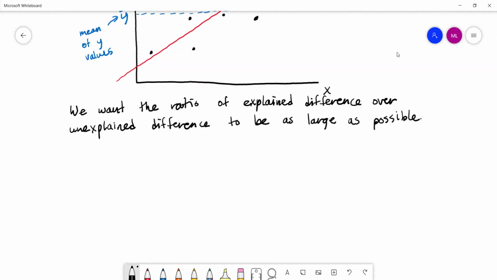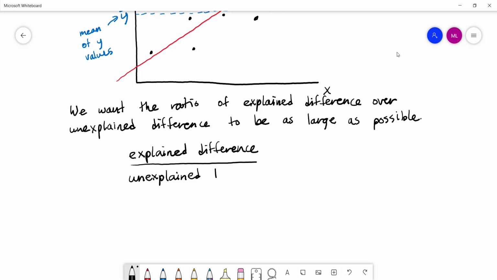So the ratio that I just mentioned can be written like this: the explained difference over the unexplained difference. I want that to be as large as possible. I want the top to be large and the bottom to be small, because this will make the overall number a large number.